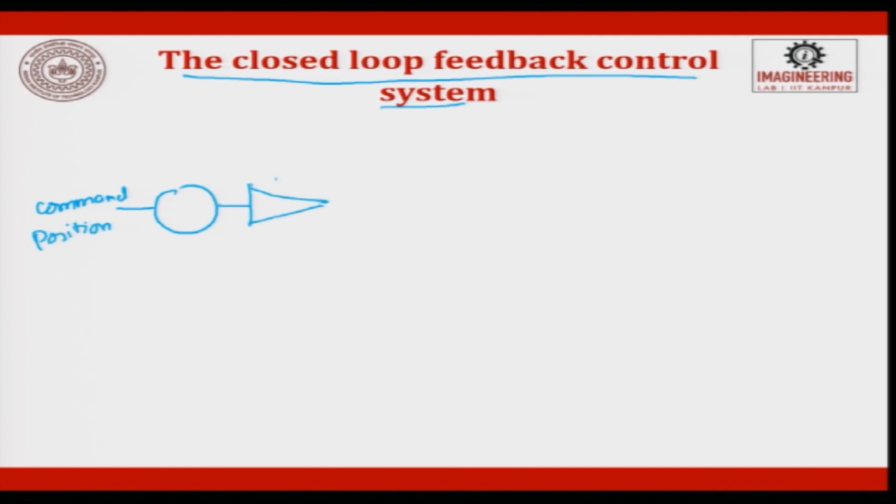The closed loop feedback system. In the closed loop feedback control system, which we can draw as a schematic diagram, you will have a command for position, which in turn is attached to an amplifier, which in turn is attached to a velocity comparator.